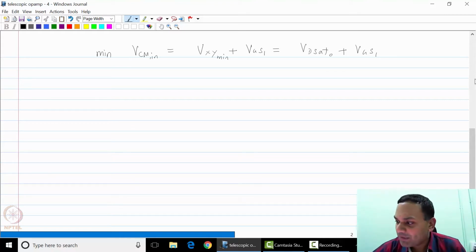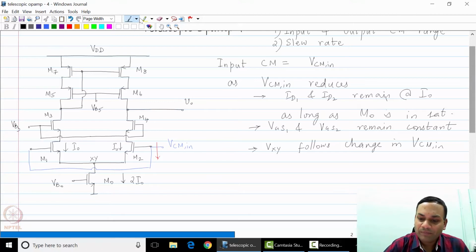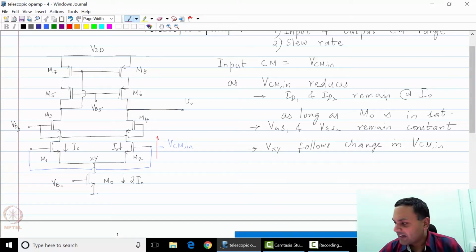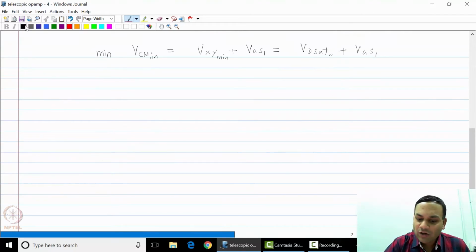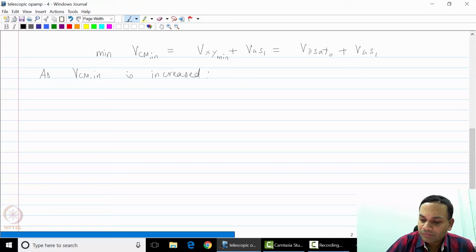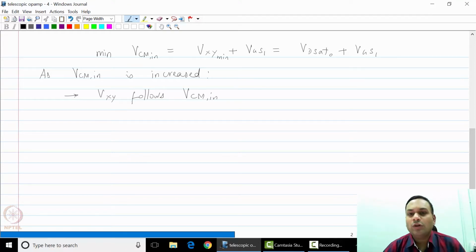Now next we will see what happens as you start increasing the value of VCM in. As you can see, you can follow the same set of arguments. As VCM in is increased, VXY follows VCM in, and therefore M0 is actually moving further away from the triode.